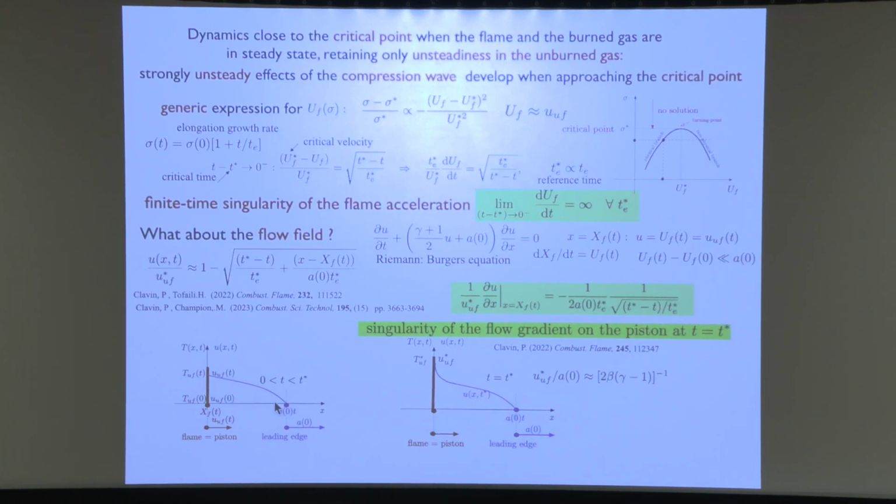When you arrive at this point, where the acceleration becomes infinite, take the space derivative: you have 1 over square root at t equal t star, at x equal xf on the front, and you find the divergence of the gradient of the flow.